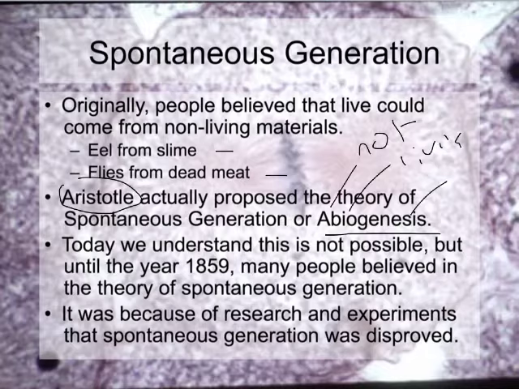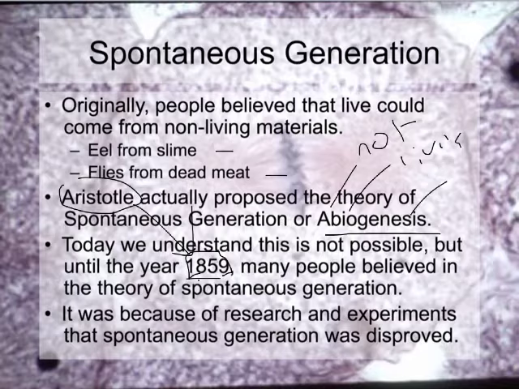Today, I hope every one of you understands that living things have to come from living things. They don't come from a rock or from mud or anything like that. They have to come from another living thing. But it wasn't proven until 1859. So think about that. From Aristotle all the way to 1859, this concept of abiogenesis was still around.